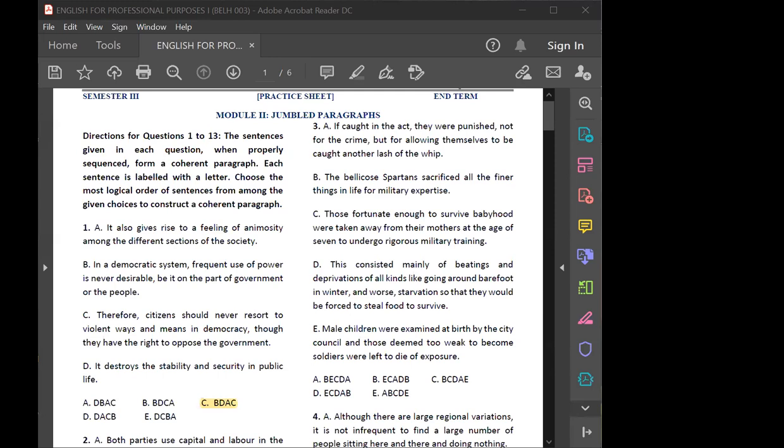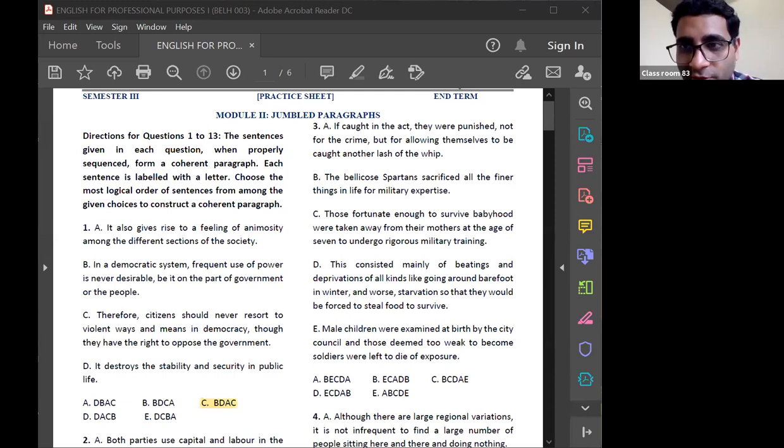In C, it is also mentioned babyhood were taken. So, have you watched 300, Adarsh? Have you watched the movie 300, Adarsh?